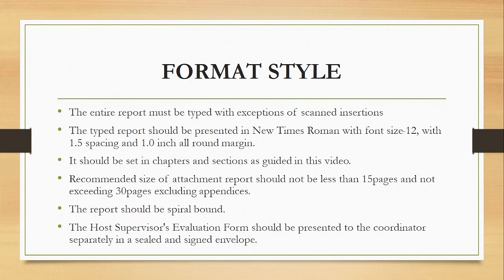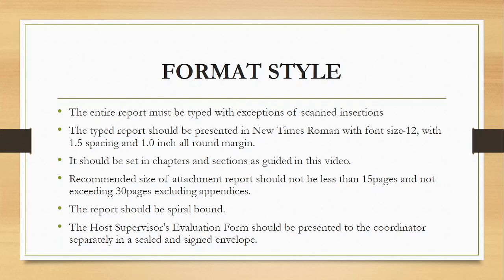It should be set in chapters and sections as guided in this video. I'm going to show you the various chapters that you should include. Now, the recommended size of an attachment report should not be less than 15 pages and not exceed 30 pages, and that is excluding appendices. So ensure that your pages are within the 15 to 30 page range, right?